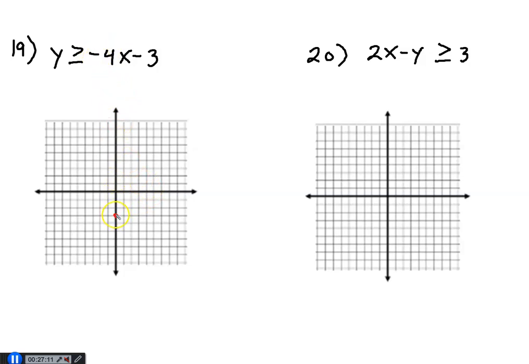So from negative 3, we go up 4, left 1. You could also think down 4, right 1. It's going to be a solid boundary line, so I'm going to get my line draw tool ready. For you, you need a straight edge.